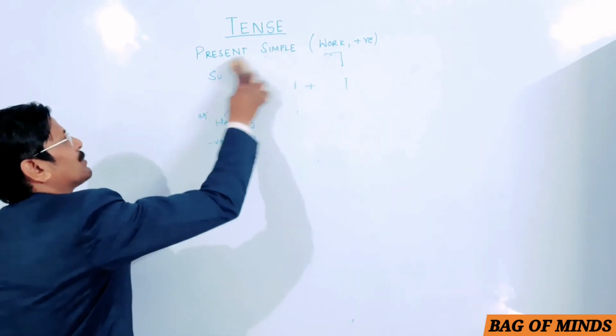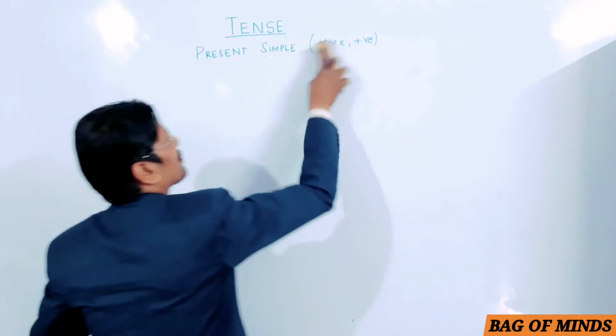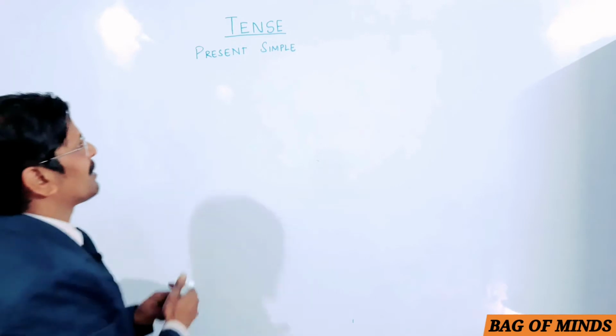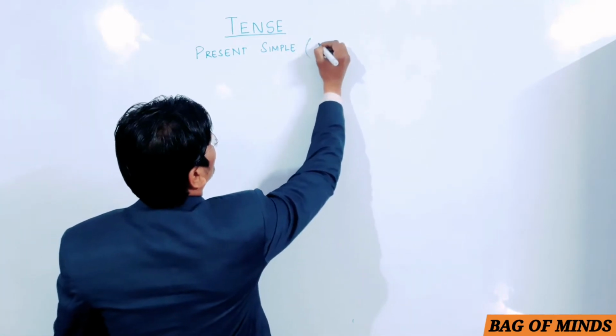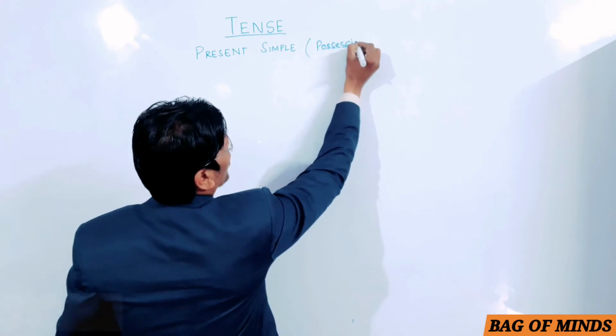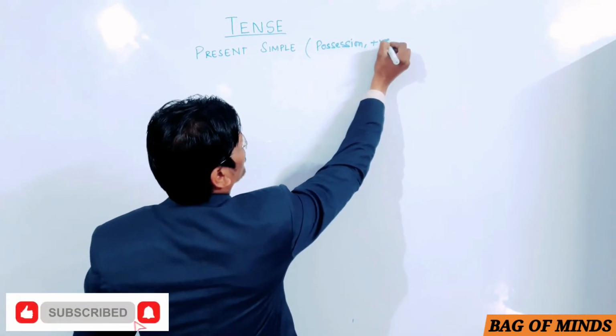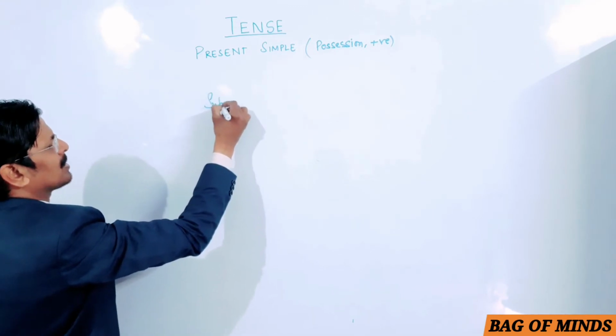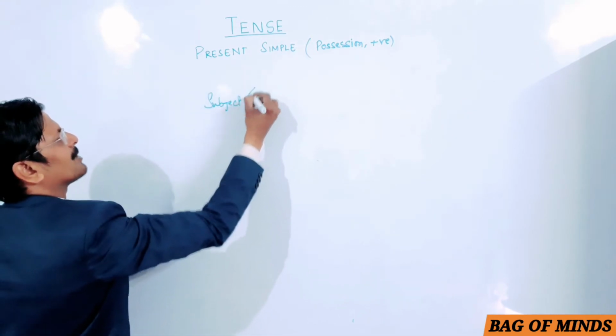Now we will move to the next category, which is for possession, but the category will be again simple. So let's be very particular about it. Here possession, and we will initially start with positive. So again subject, we have a division.